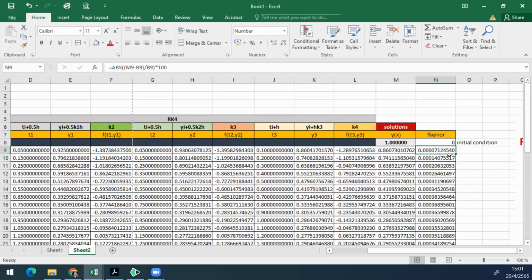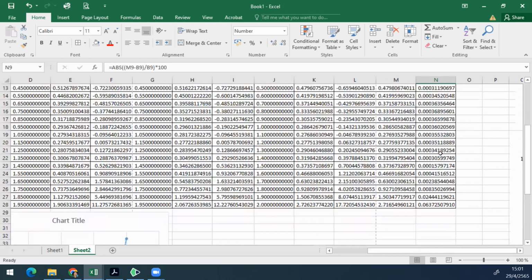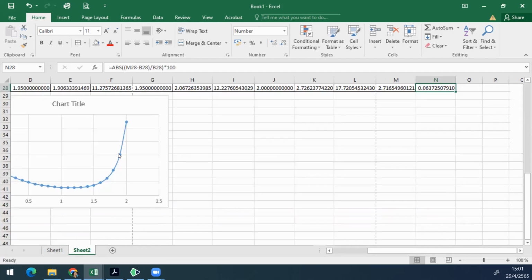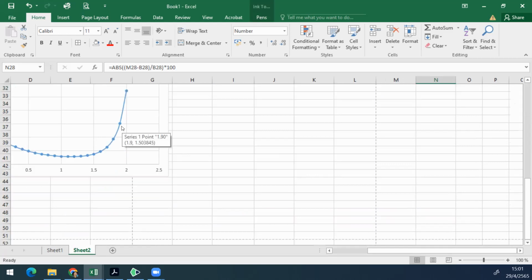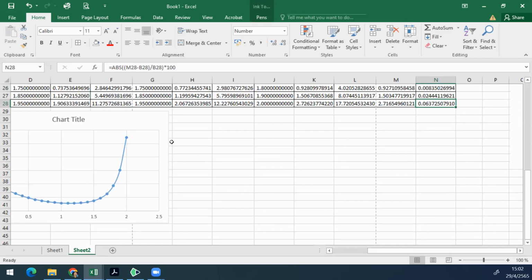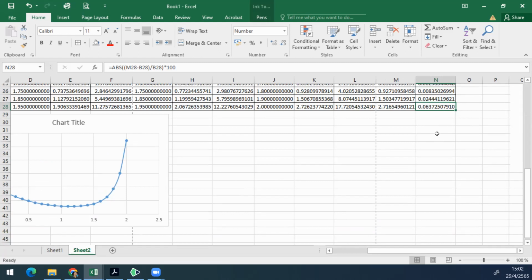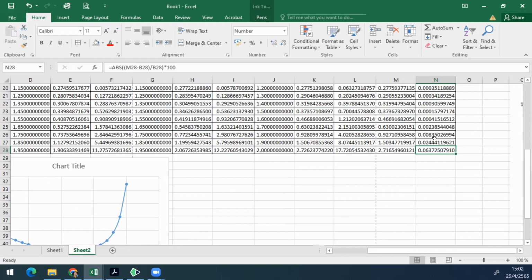The error at the first step becomes very close to 0%, and at the final step, where the graph has already changed critically, the result is still acceptable. It's less than 0.1%. But actually we can reduce the step size to this range also.